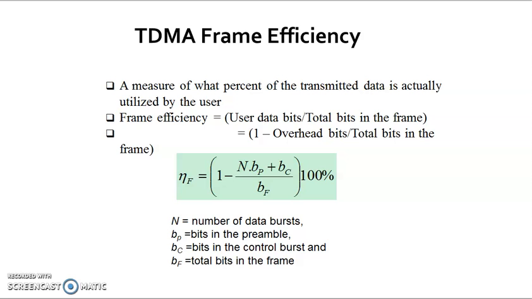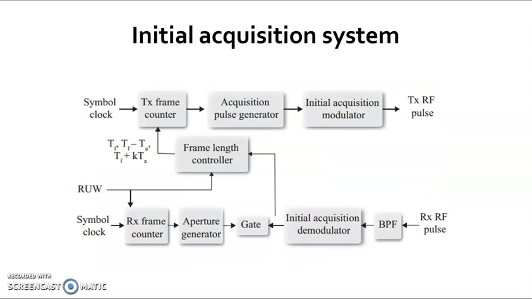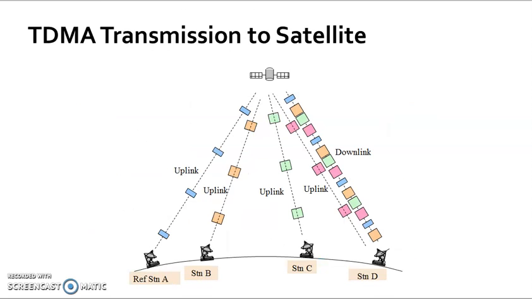We have learned about data burst synchronization. Here we can understand that it is for the different earth stations. So we need to synchronize the data, and then after the data is received by the transponder, we need an acquisition system.